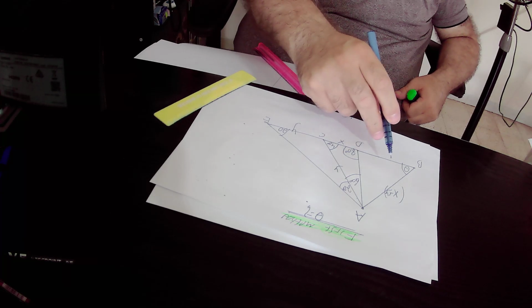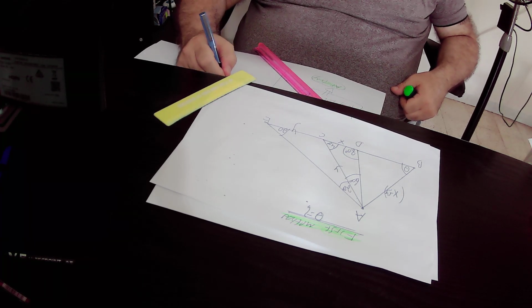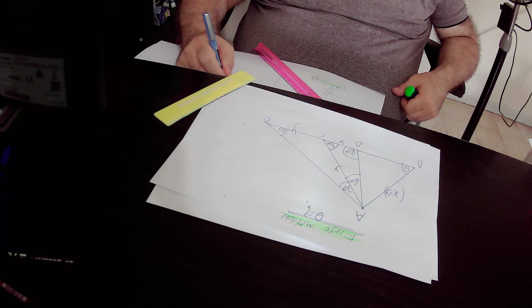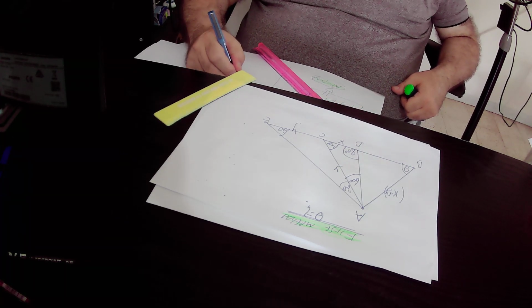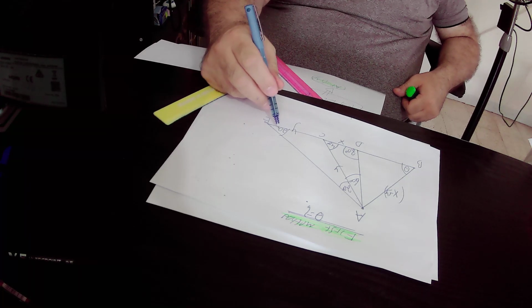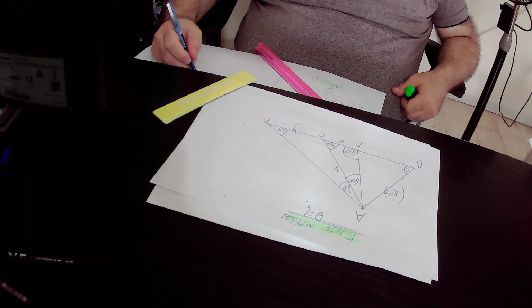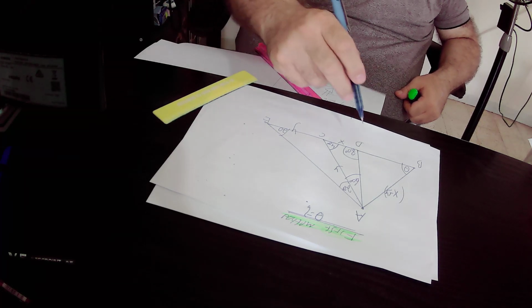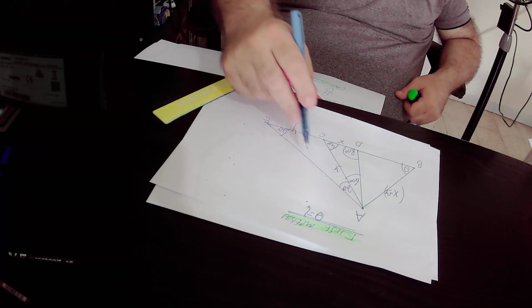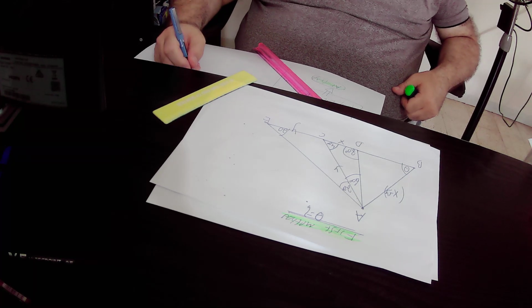Side AB equals X plus Y according to what is given in the question. This angle equals theta according to what is given in the question. This angle equals 20 degrees according to what we have already found out. And we just found out that side AE equals X plus Y, so I write it down.